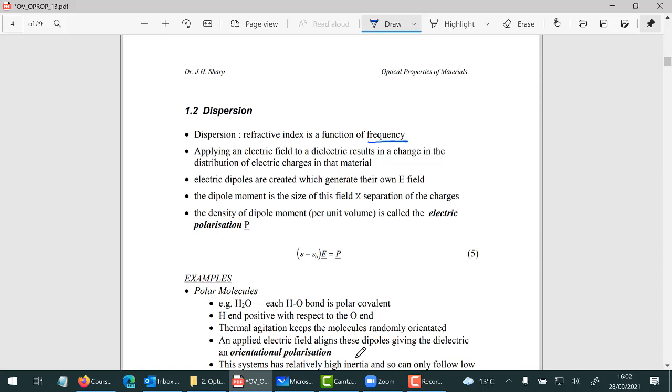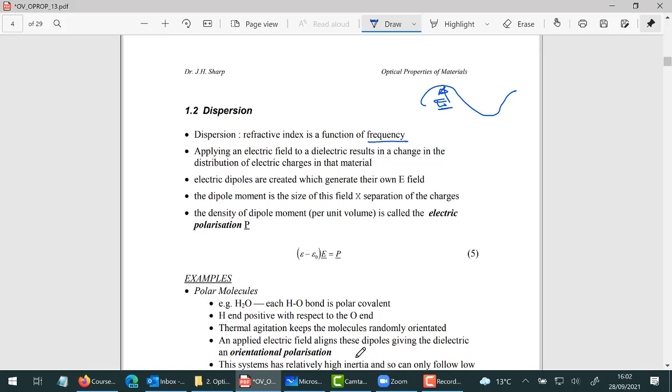So the electric field of the light wave, remember, is just a harmonic wave with some magnitude and vector direction E. So if we apply an electric field to some dielectric material or an insulator, then what will happen is that we get a change in the distribution of electric charges in that material.